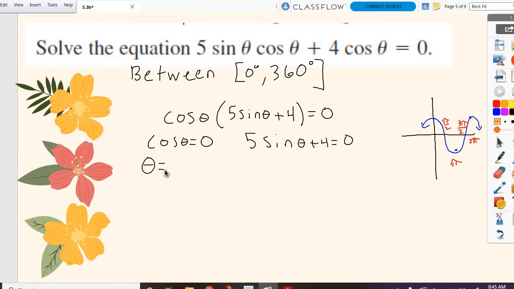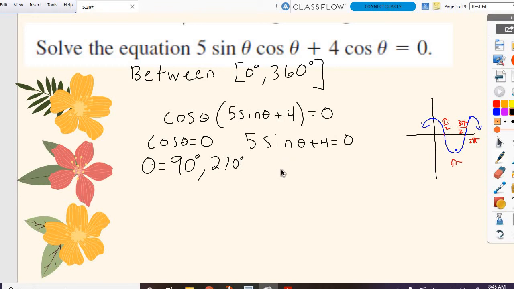So pi over 2 is going to be 90 degrees, and 3 pi over 2 is going to be 270 degrees. We don't have to worry about the plus 360, because we're only solving between 0 and 360 degrees.